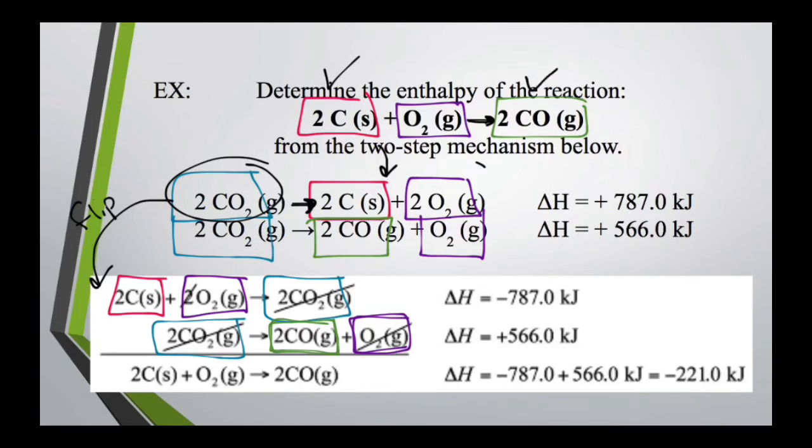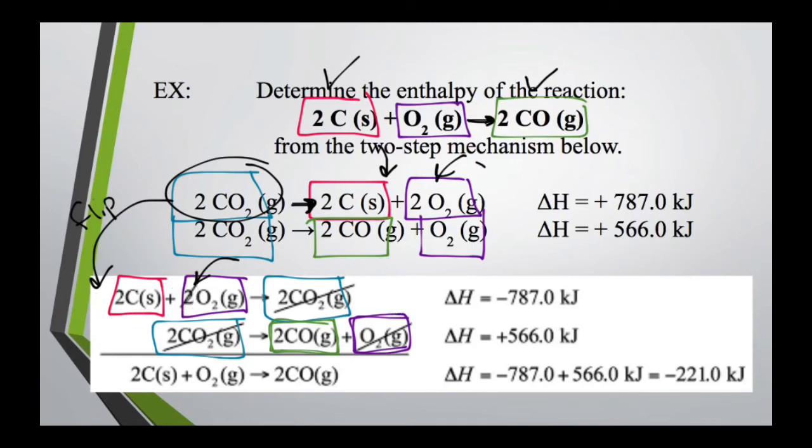Now that we've done that, I can actually go back and start taking a look at those O2s. And if we do that, and this is one of the reasons why I like to rewrite my equations out, with these two O2s that we started with over here on the reactant side, and then I have one O2 on the product side, well, since they're on opposite sides, they can cancel, but they're only going to cancel an equivalent amount.